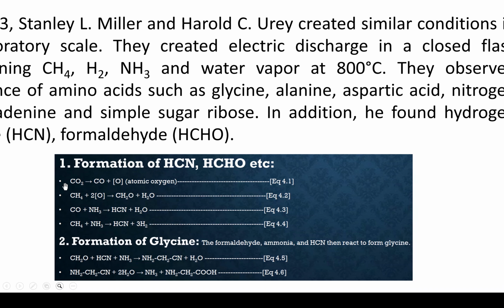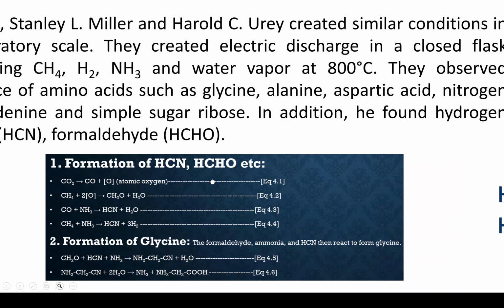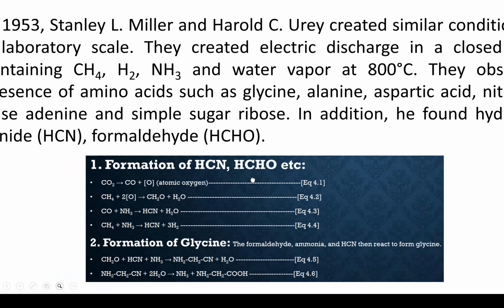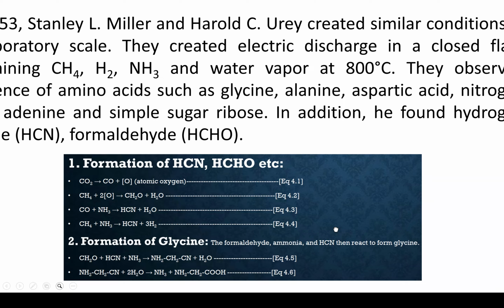I'm just telling you the basic overview. So you will get HCN, and then the formation of glycine can happen from combining CH2O plus HCN plus ammonia. See that it gives NH2CH2CN.